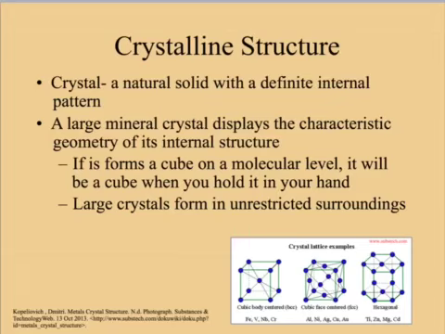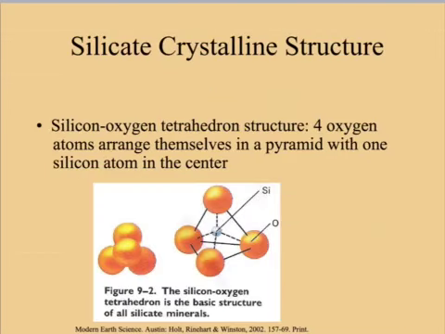If the atoms are arranged in a pyramid, the crystal will be in the shape of a pyramid. Silicate minerals have what is called a tetrahedron structure, which means there are 4 oxygen atoms and 1 silicon atom. The 4 oxygen atoms arrange themselves to look like a pyramid, and the silicon atom is stuck in the center.